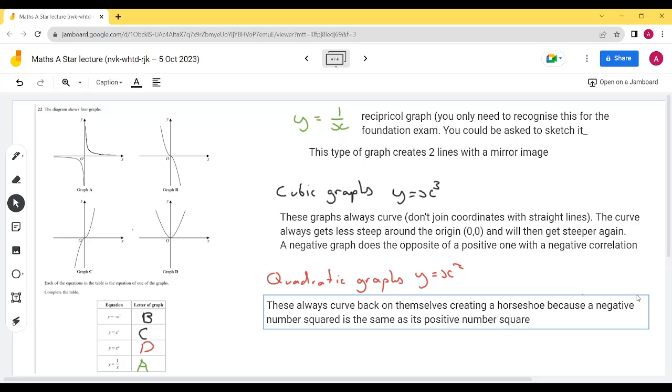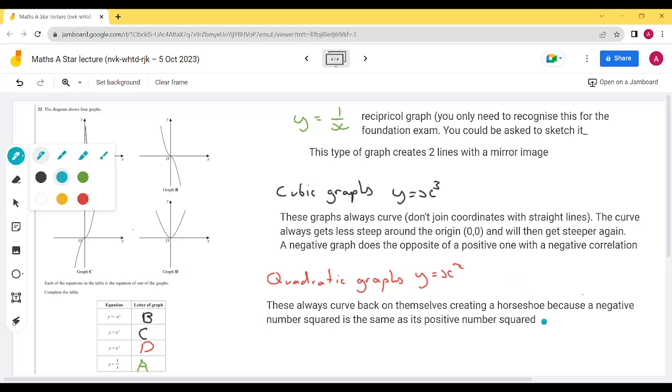So, for example, 3 squared equals 9 because it's 3 times 3, and negative 3 squared also equals 9 because it's negative 3 times negative 3, and a negative times a negative is a positive. So these always curve back, creating a horseshoe effect.